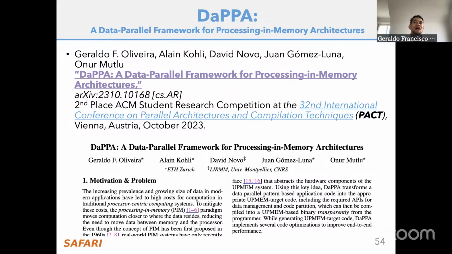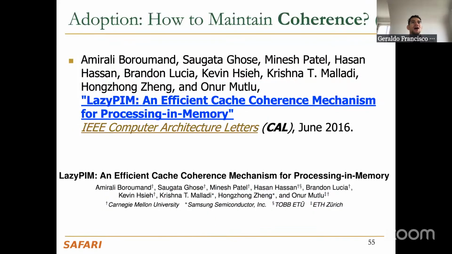So now we address the PIM programmability issue, but there are many other system integration issues that need to be addressed. For example, if you follow a tightly coupled accelerator model where the PIM memory shares the same memory as the host memory, we may face data coherence problems.